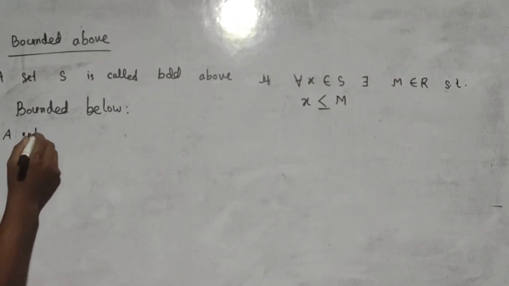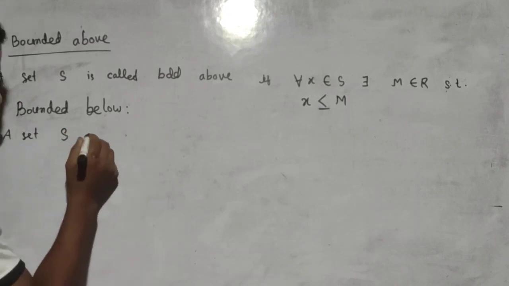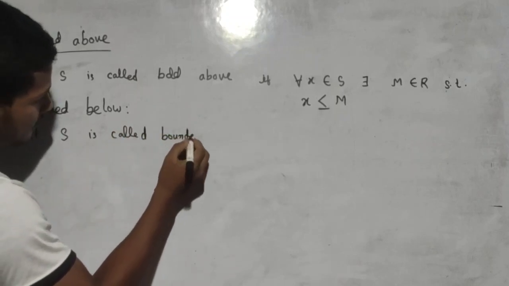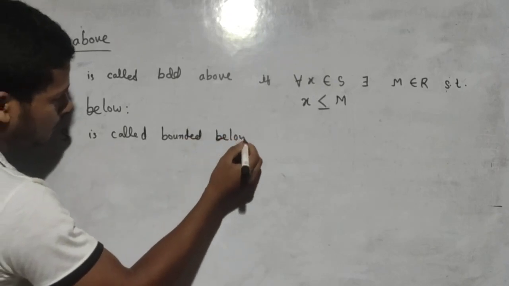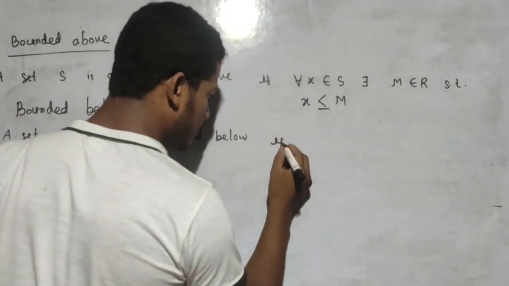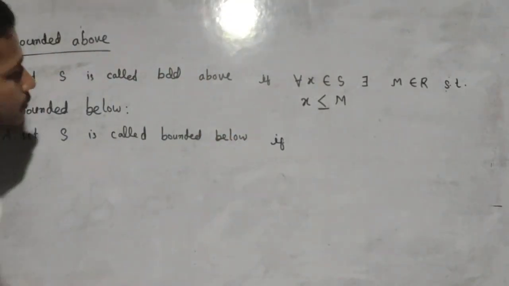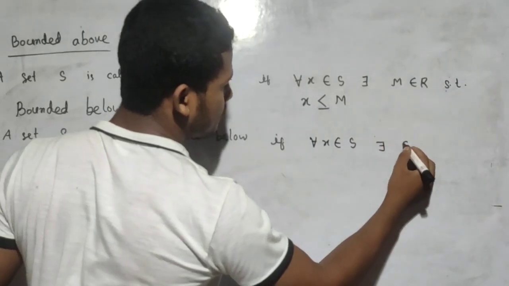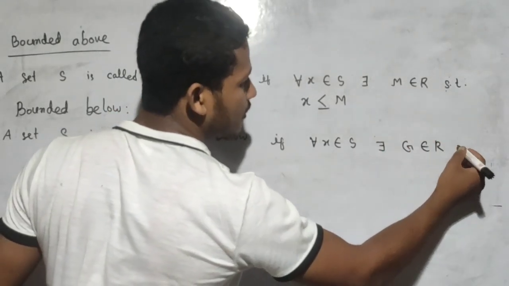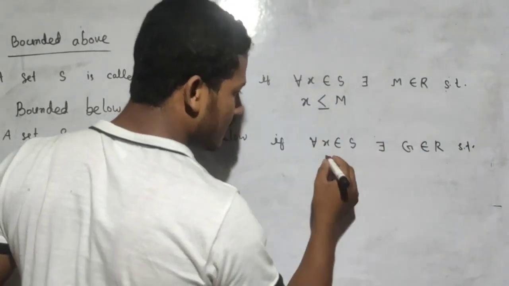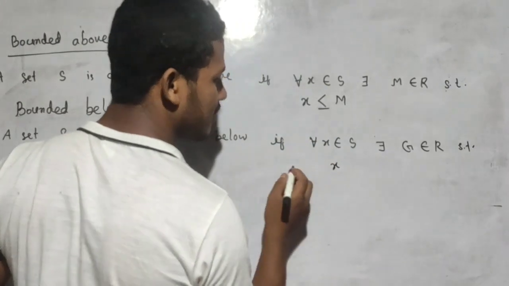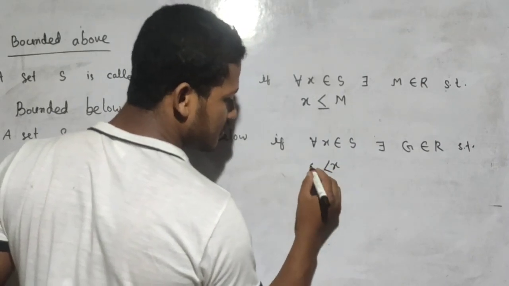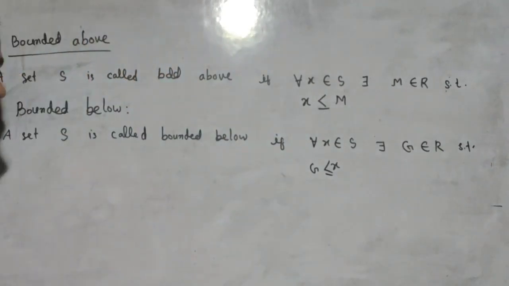A set S is called bounded below if for all x belongs to S there exists capital G belongs to R such that every element x is greater than or equal to G.